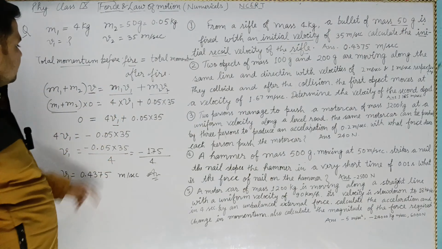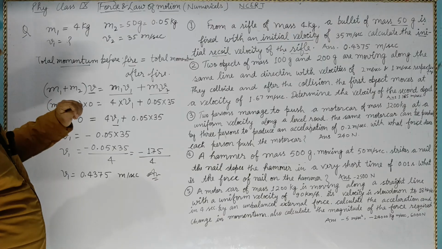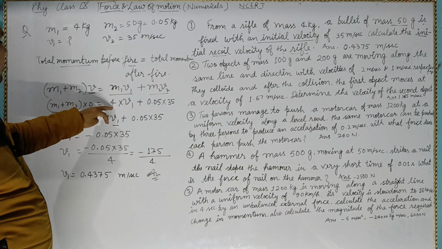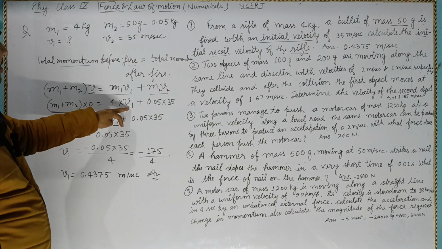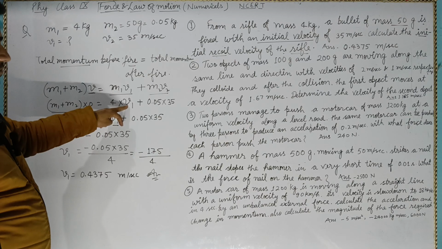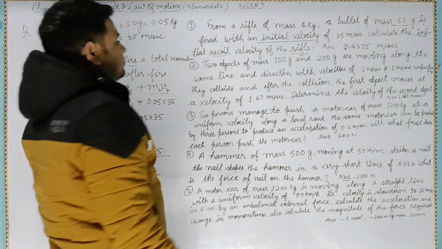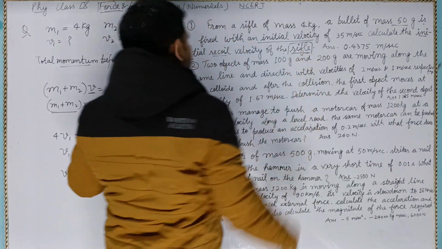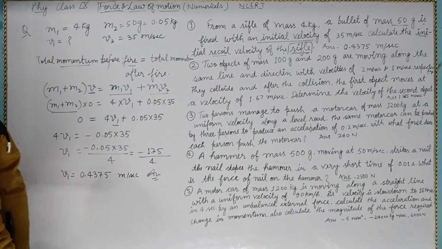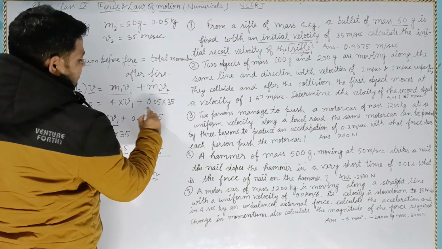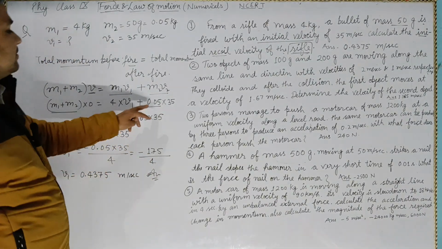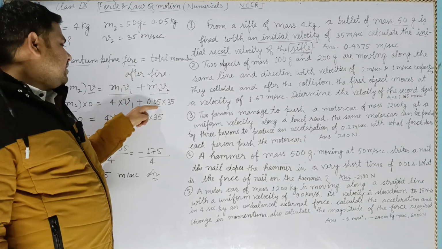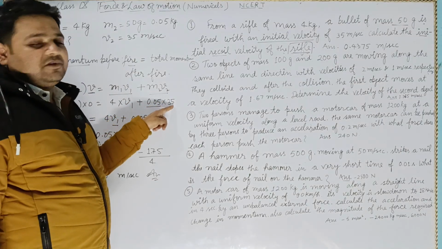M2 is the mass of bullet, M1 is the mass of gun, and V1 is the velocity of gun, which we have to find. Then the mass of bullet into velocity of the bullet.